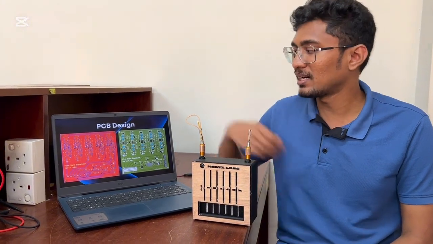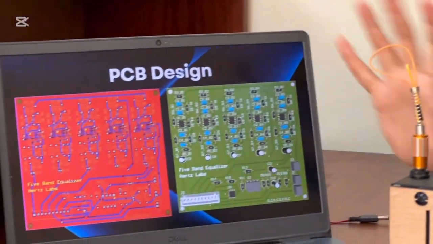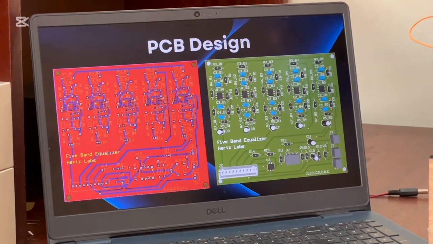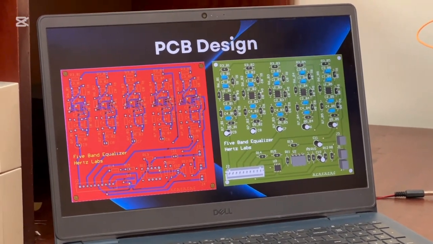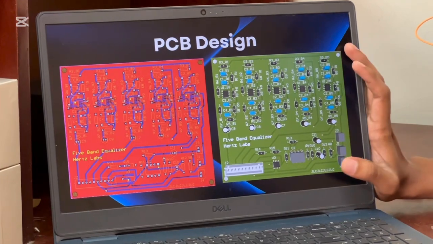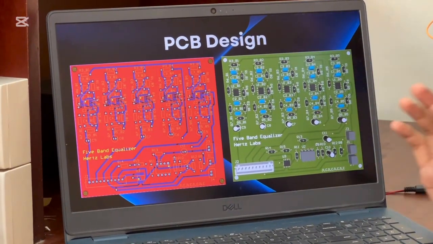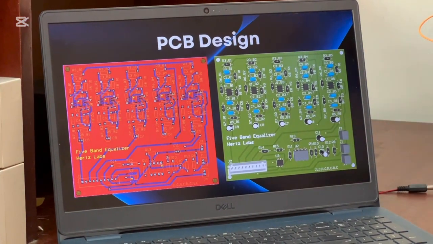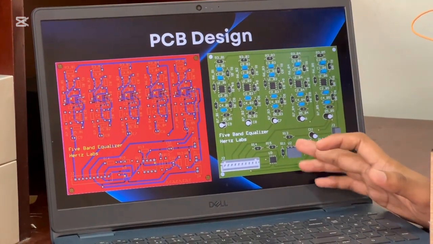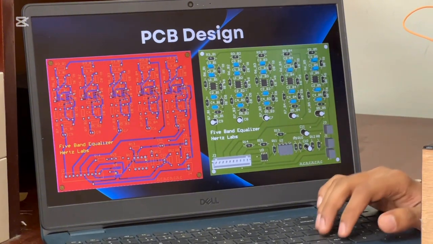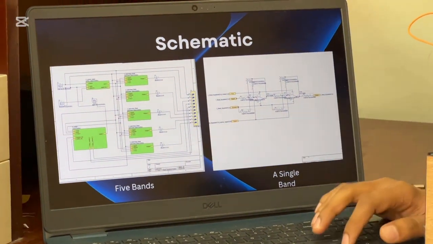So this is our PCB unit, which filters out the bands, then adds those bands together. And next, yes, the schematics.